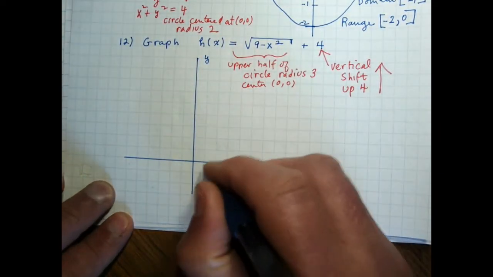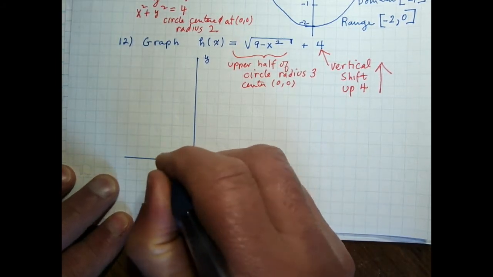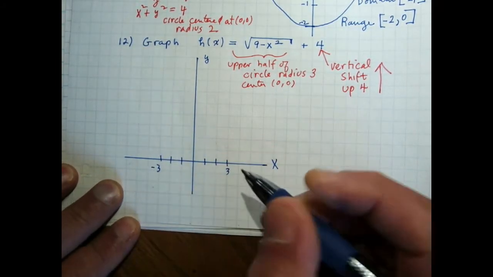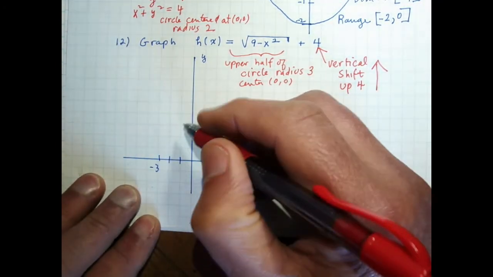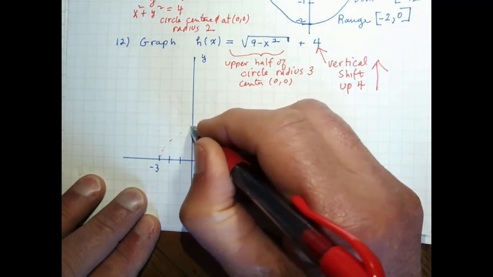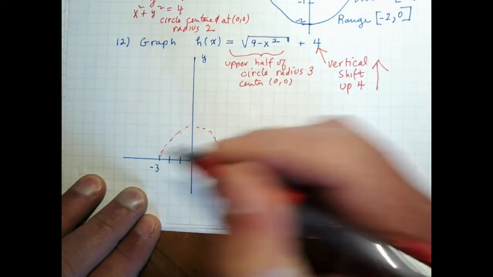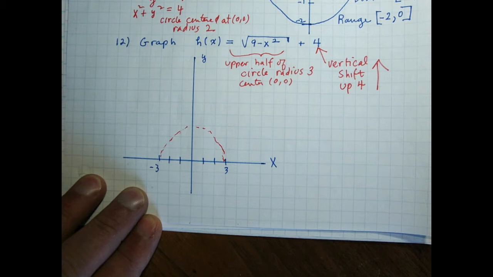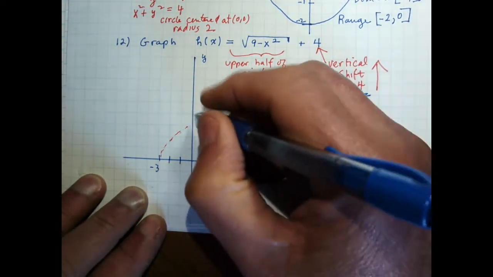So I want 1, 2, 3, -1, -2, -3. Now the original half circle would have been in a position kind of like so. I'm trying not to fill that in too much because we have to shift upward by 4 units.